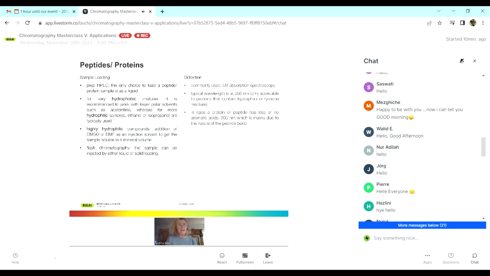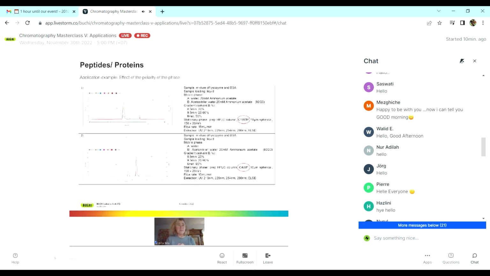Now we come to some application examples. For all the compounds which we will go through, I will show you some application examples from our lab. Here we have an example which shows the effect of the polarity of the phase. My colleague in the lab worked with a mixture of lysozyme and BSA. He used prep HPLC columns, and what you see on top is a C18 wide pore column, and on the bottom a C4 wide pore column.